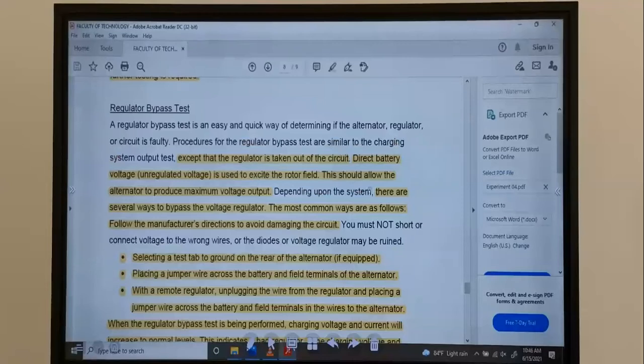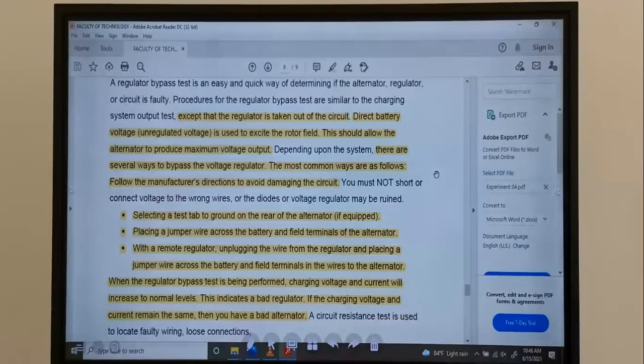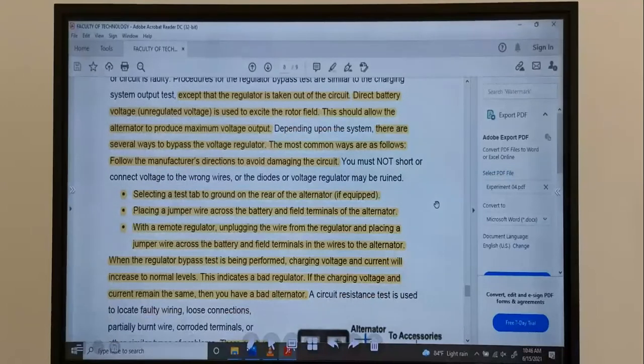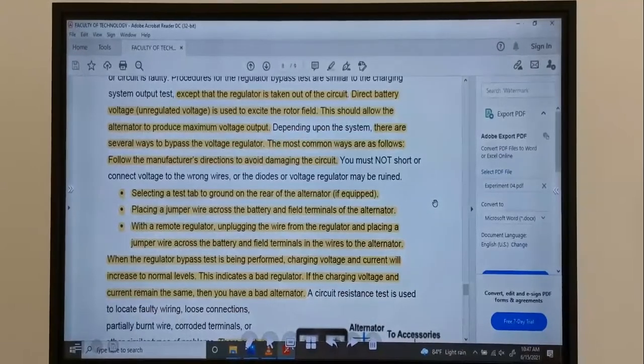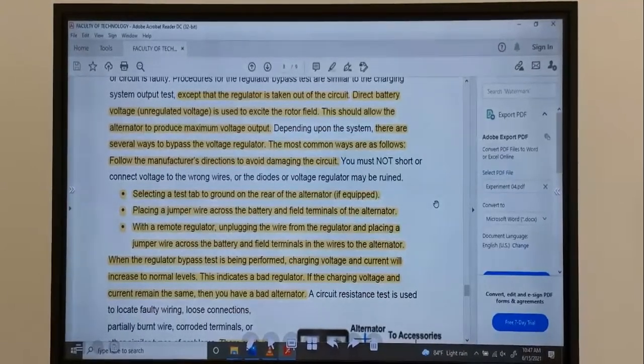The regulator bypass test is similar. Here we have to separate or take out the regulator from the alternator. Just think there is no regulator, that means there is a jump wire.